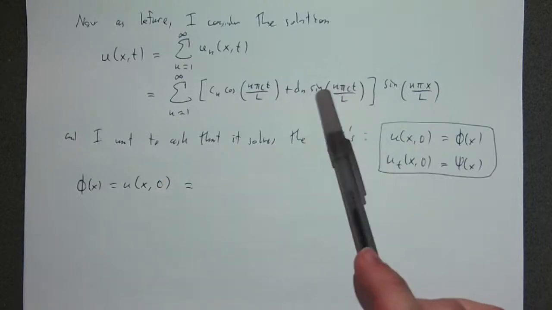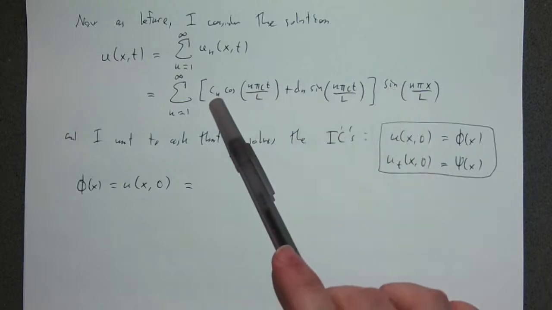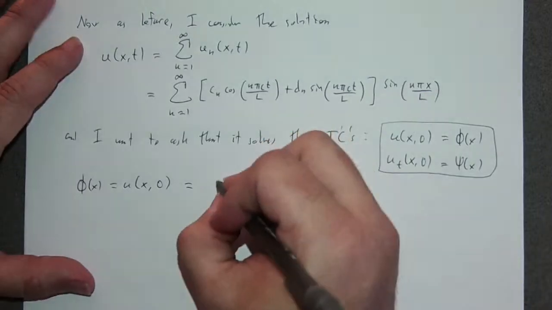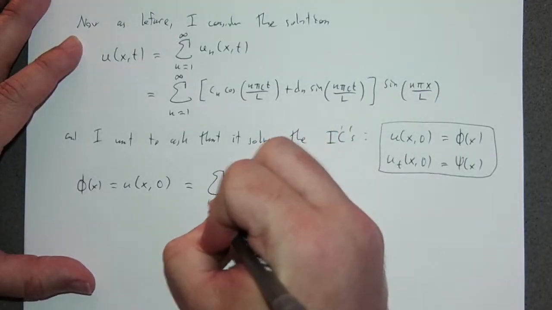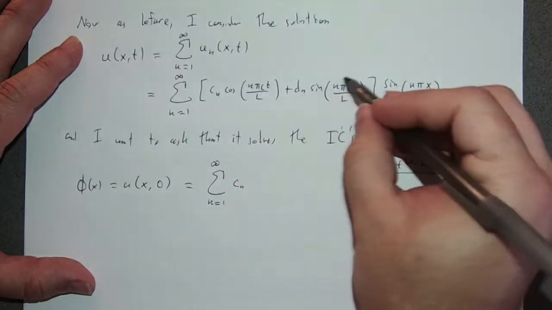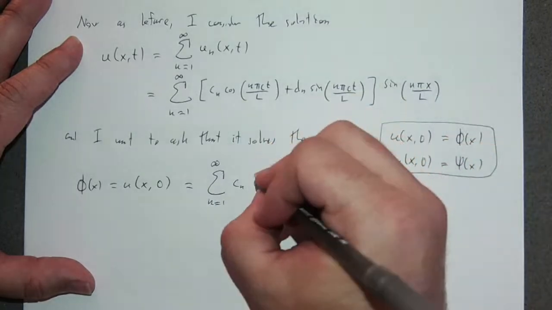All those sines are 0. Right here I just get 1, and then I get c sub n times sine of n pi x over L. So this is the sum from n equals 1 to infinity of c sub n, right? This term goes away, this term is 1, so this is c sub n times sine of n pi x over L.